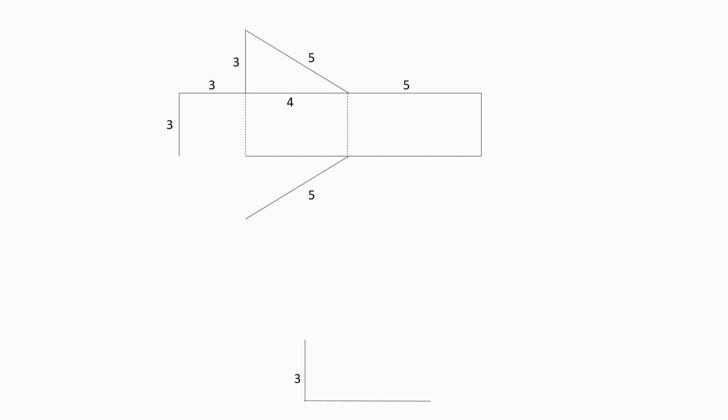The second edge is formed by one edge on the net, and hence it's 4 units long. And the third edge is formed by two edges from the net, and hence it's 5 units long.